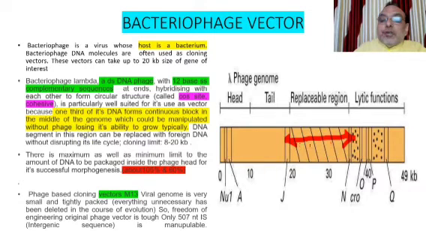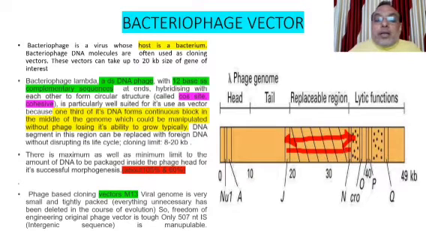So this stretch in the middle is devoid of any vital genetic information. If we remove this stretch of DNA, the multiplication of phage will not be adversely affected. And that's why this provides such a platform for integration of the DNA of our choice.